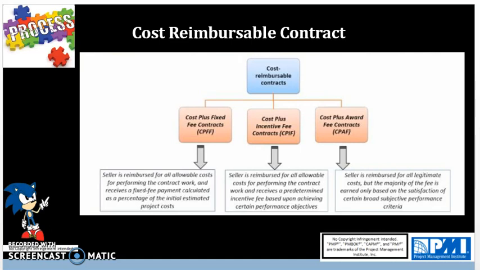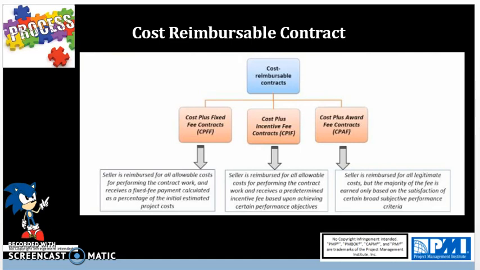The fee may be adjusted as a result of changes to the procurement statement of work. So an example of a cost plus fixed fee contract is where you pay the costs plus a fee of $100,000.